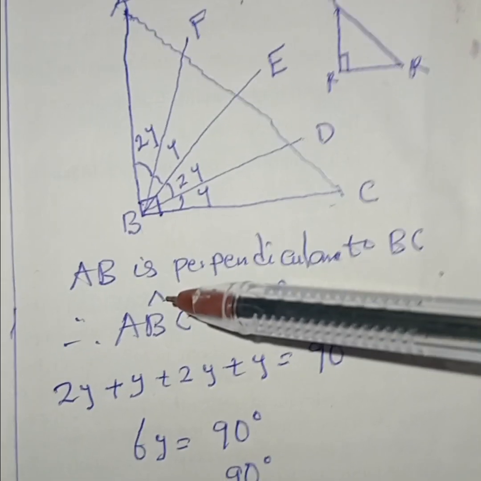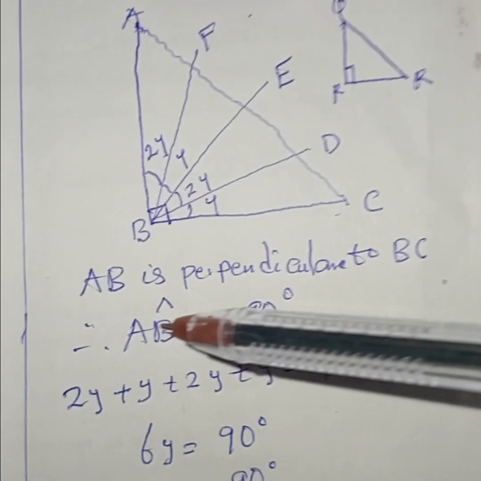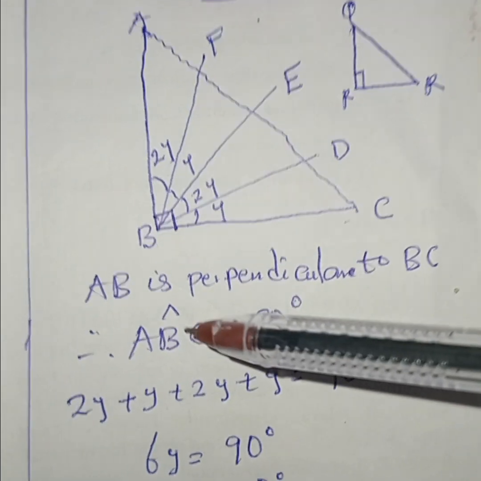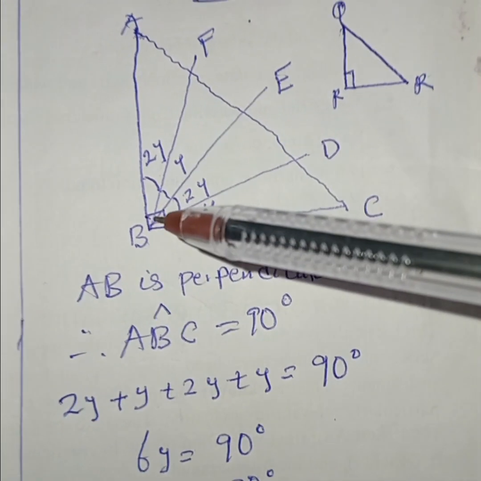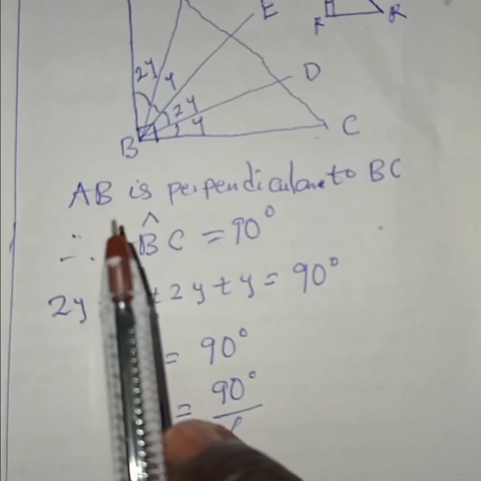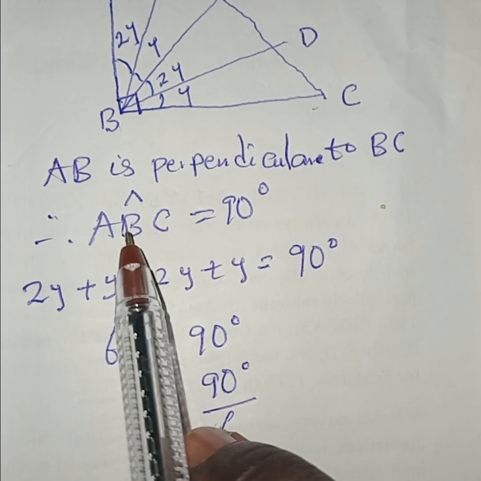This sign on B represents a right angle, that is, angle 90 degrees. The reason why it is on B alone is because the 90 degrees is at what? B. All right, so that's why the sign is on B alone.